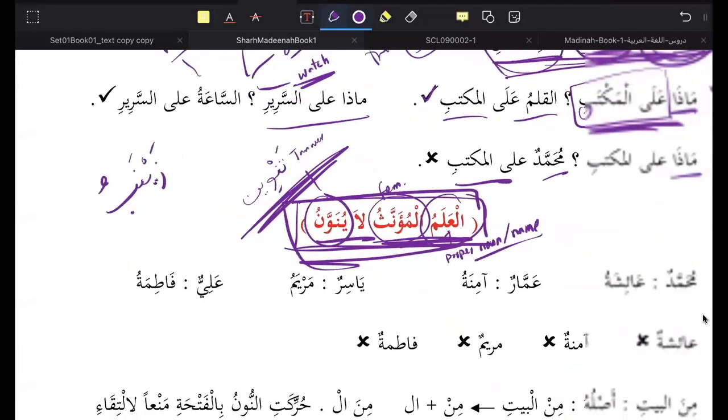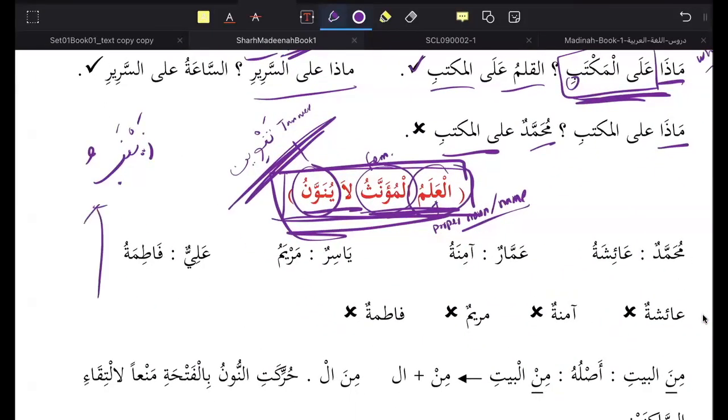Make sense? What you need to do right now about these words, because you will find a lot more, is this: it's not only one. Trust me, if it was only one, then our life would be easy, and we'd be done with mamnu' min as-sarf. There are at least 8 different categories of words that we cannot put tanween on. As you find them, just learn the rule.